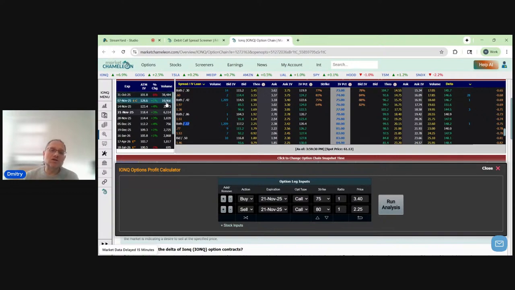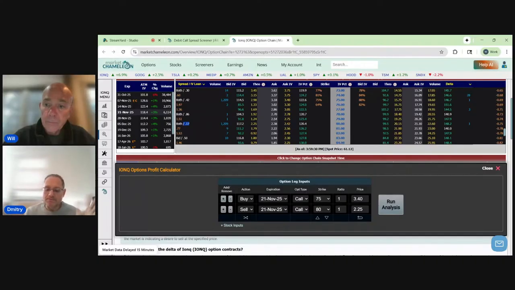And as you can see, there's lots of trading going on in this particular security, in each expiration. That's just a demonstration of how to narrow down those call spreads to look for more competitive, tighter bid-ask spreads.